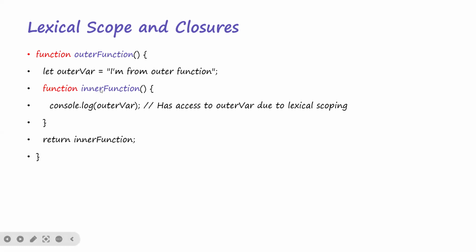So for this inner function, its lexical scope is from this first one to this one. That is the lexical scope. All right. So anything inside of its lexical scope, this inner function can have access to it. Don't worry, we'll explain this more when we talk about closures. Okay. So if you don't understand it, don't worry. I wouldn't want to bother you with it. This is more advanced. Okay.